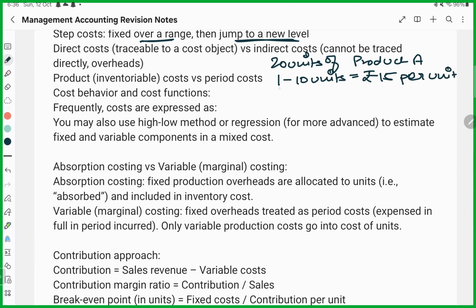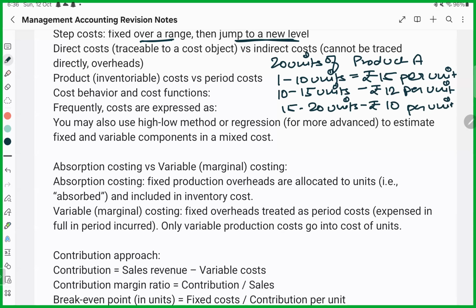If you buy between 10 to 15 units, you will be charged rupees 12 per unit. If you buy between 15 to 20 units, you will be charged rupees 10 per unit. So in this example, if we are buying between 1 to 10 units, we will be paying rupees 15 per unit.